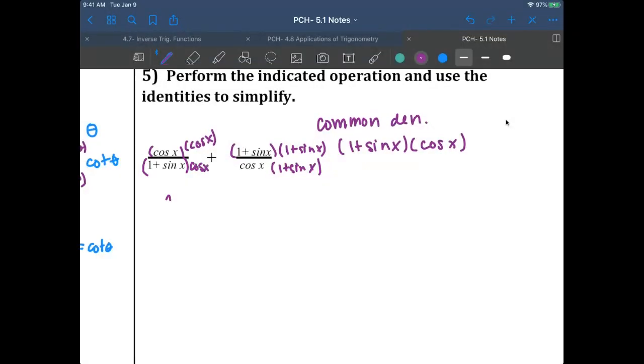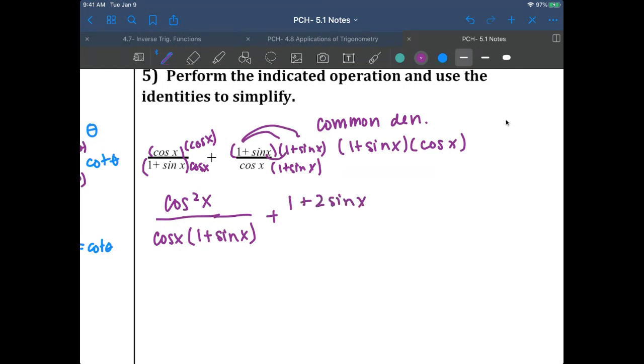So I get the cosine squared x over cosine of x times 1 plus sine of x plus, we're going to 1 plus 1 is 1, sine x plus sine x is 2 sine x, and then sine squared x, all over cosine x times 1 plus the sine of x.